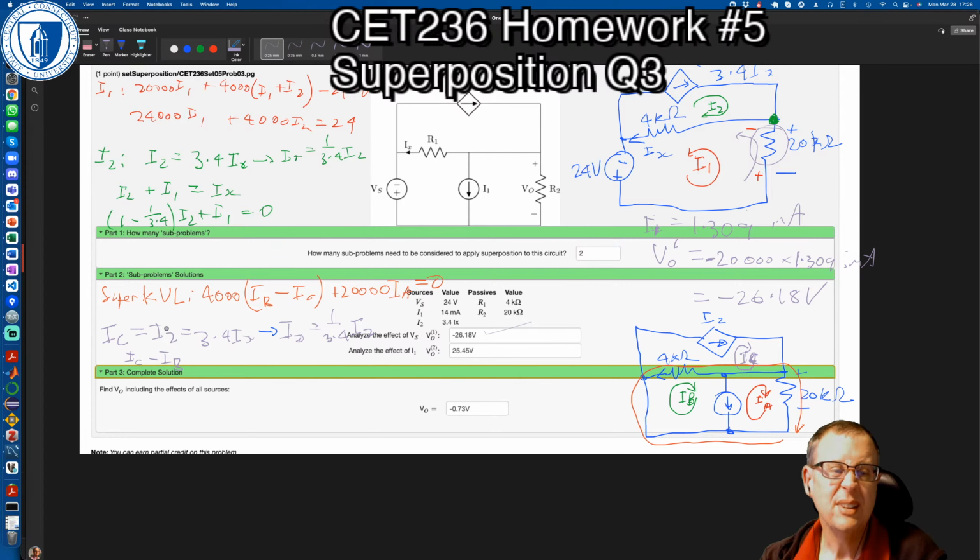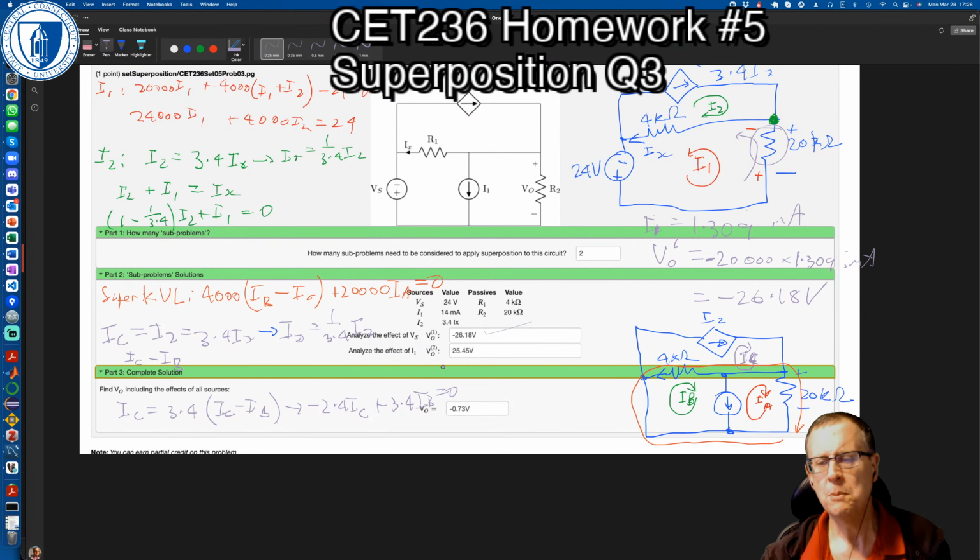So we know IC equals I2, and that's 3.4 Ix, and Ix is IC minus IB, so we get IC equals 3.4 times IC minus IB, which means that we get minus 2.4 IC plus 3.4 IB equals 0.